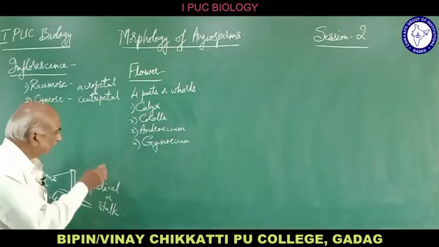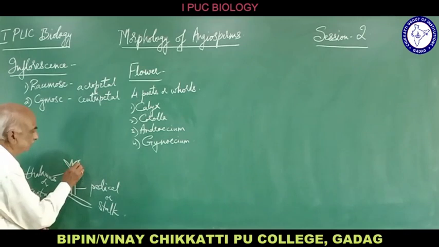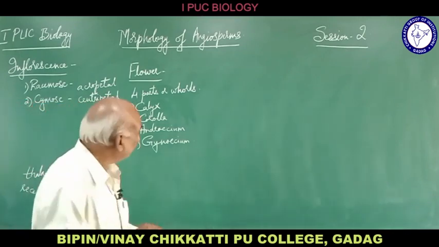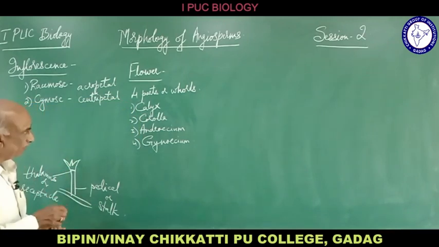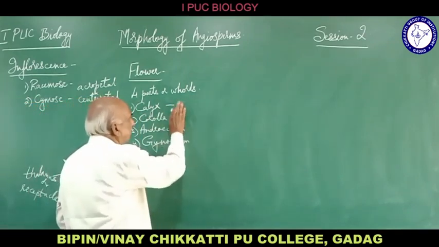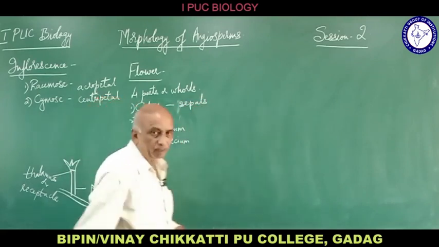Now this calyx consists of leaf-like structures. So this is called the calyx. The calyx is the outermost whorl. Now this calyx is made up of parts which are called sepals.